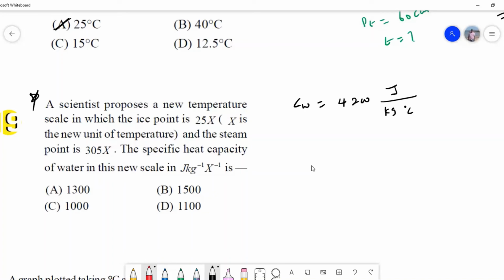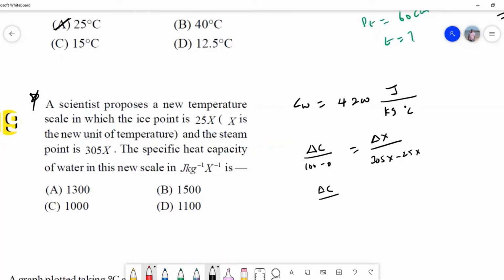Now we have to express it in the new scale. The magnitude value is inversely proportional to the scale. The corresponding change on the Celsius scale is 100 minus 0, and on the new scale the corresponding change delta x is the upper fixed point minus the lower fixed point, which is 305x minus 25x.